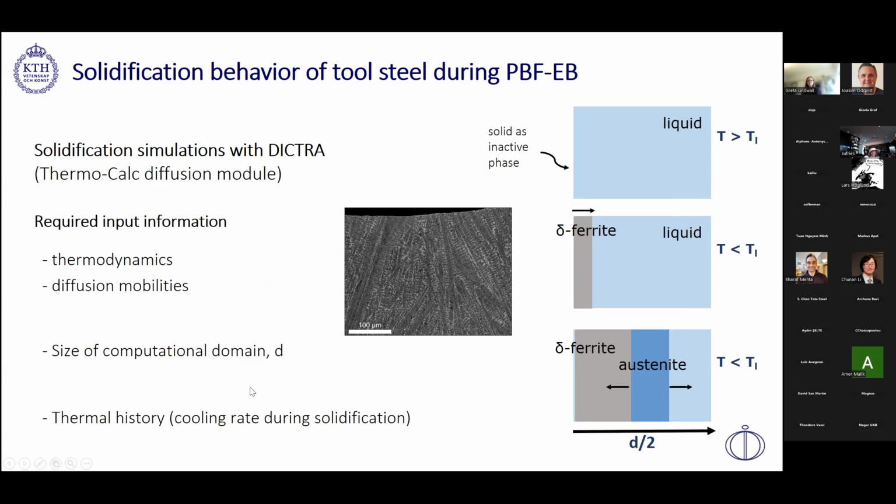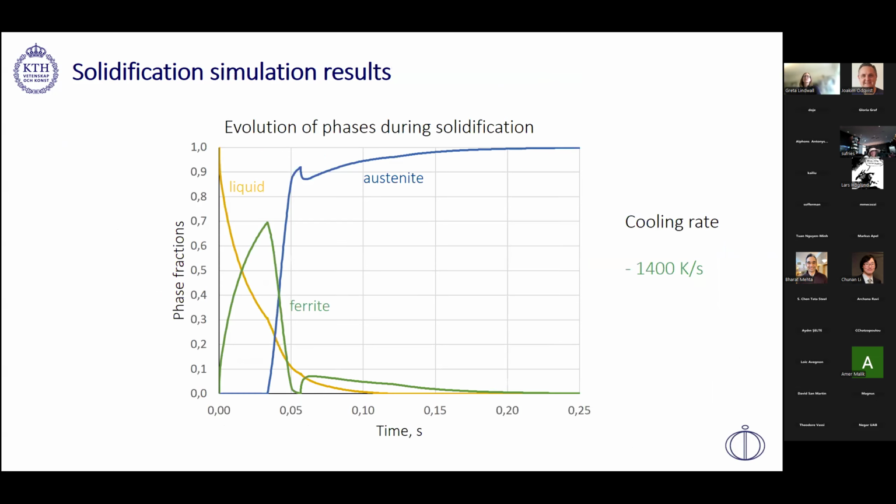simulations. And here are the results for the Dictra simulations if we have a cooling rate of 1,400 Kelvin per second. So here is the phase fraction as a function of time. At 0 everything is liquid, and then we can see the delta ferrite forms and starts to disappear, and then austenite starts to form.